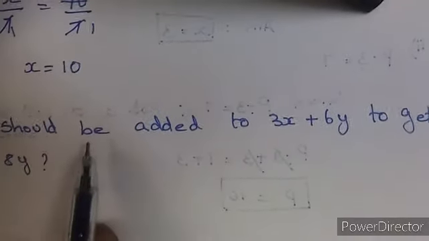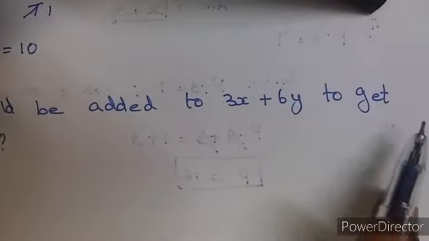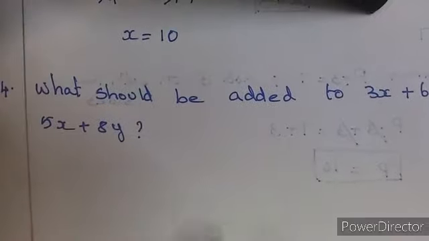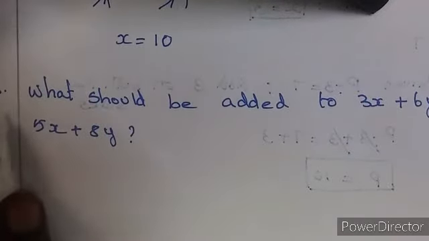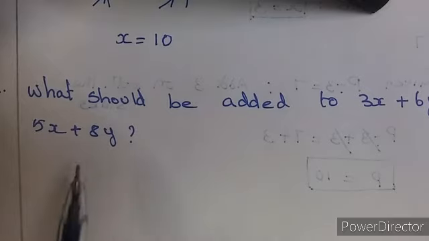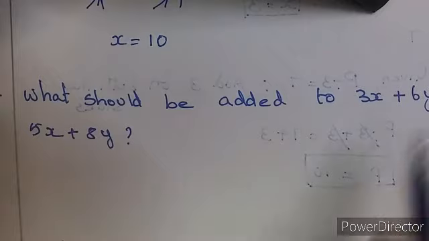What should be added to 3x plus 6y to get 5x plus 8y? To get the expression, we should subtract 3x plus 6y from 5x plus 8y.